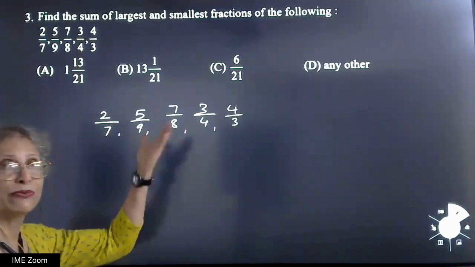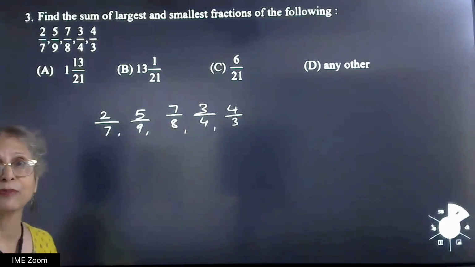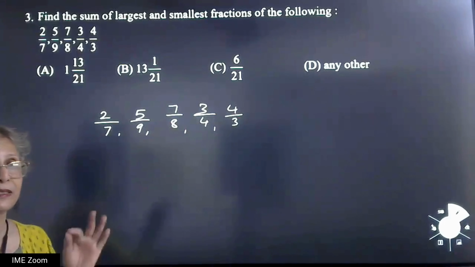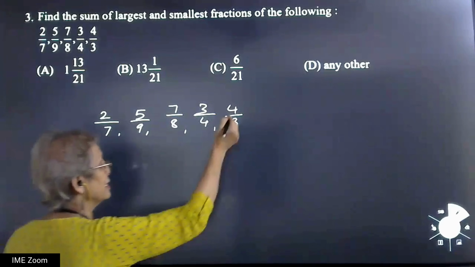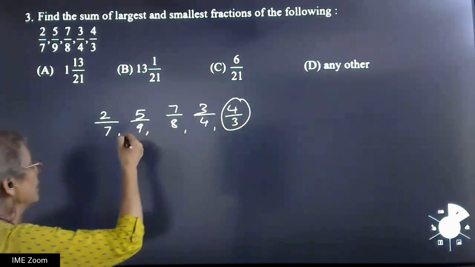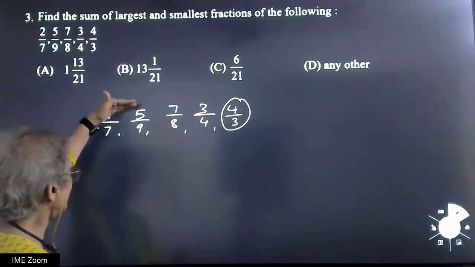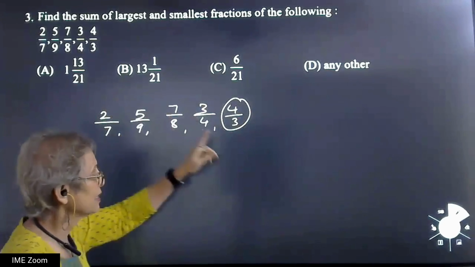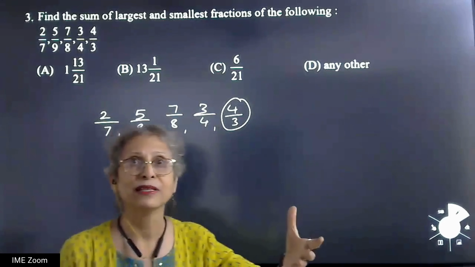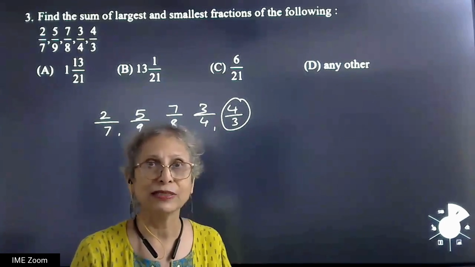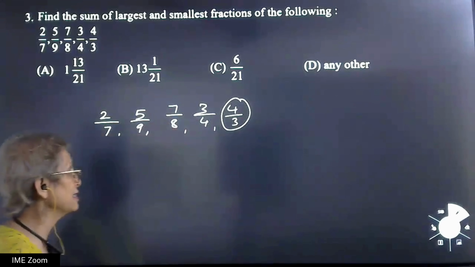First of all, let us find out how many of them are improper, where the numerator is greater than the denominator. It is only in this number. In all other numbers, the numerator is less than the denominator. So numerator greater than denominator means it is one integer something, so naturally it is greater than 1, and therefore this is the largest.